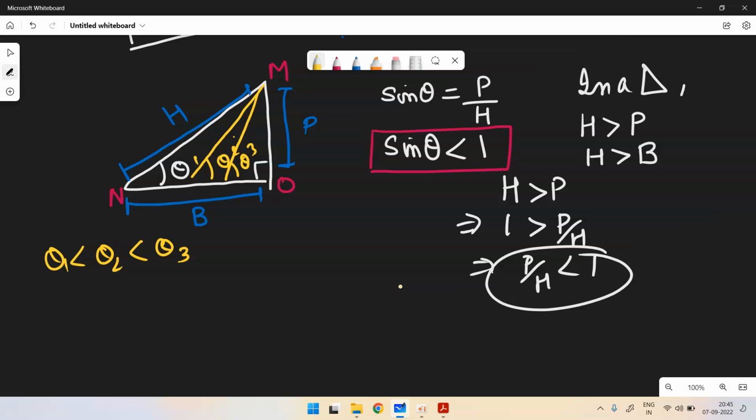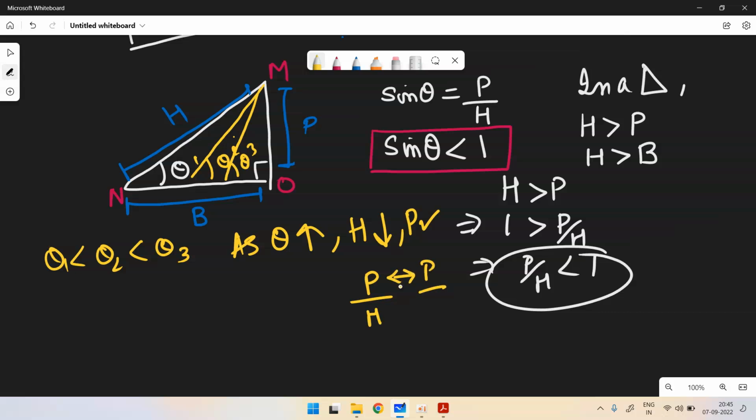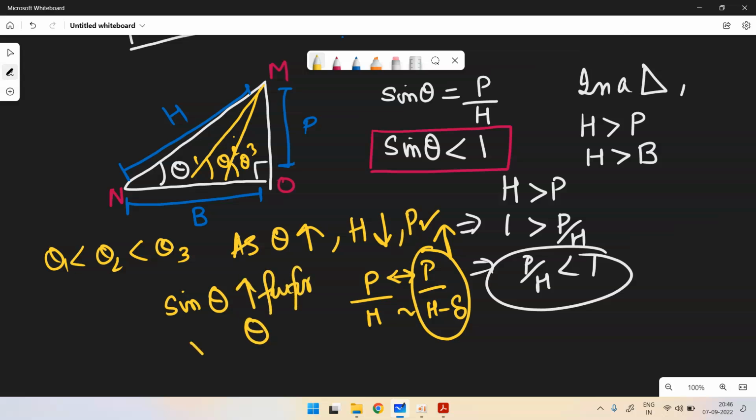As theta increases, the length of the hypotenuse decreases, that is H decreases, but P remains the same. If P remains the same and H reduces to H minus some delta, then P by H will increase. So sine theta is an increasing function of theta.